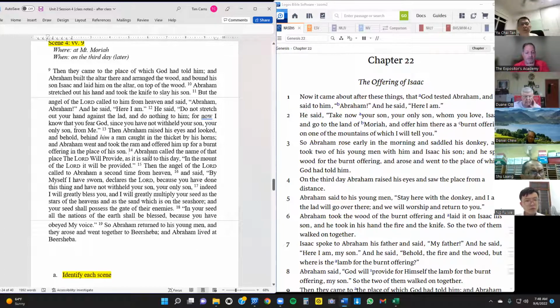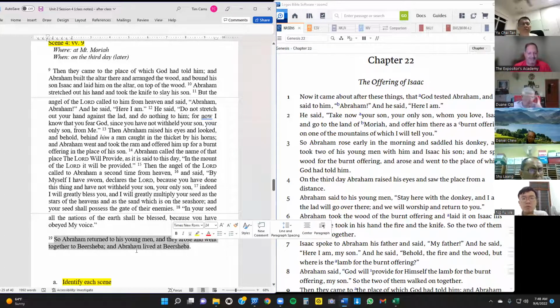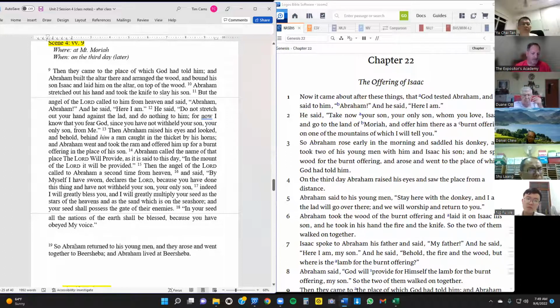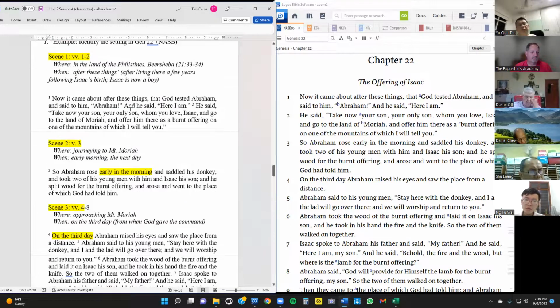So it's still the same scene, all the way until really verse 19, which is just the narrator comment that transitions, the conclusion of the story. So Abraham went back, right? I wouldn't call this a scene as much as just a conclusion here. So really in this story, we have 4 scenes.